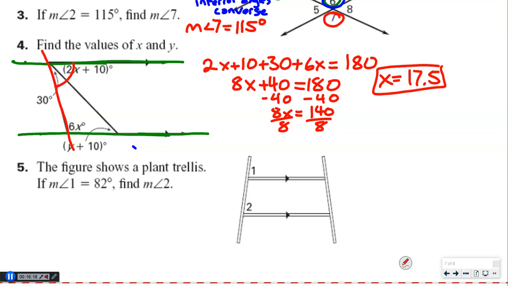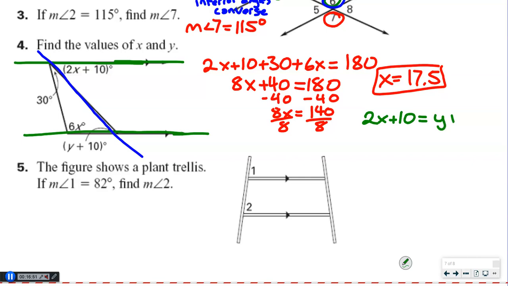And then we need to find y. So we already talked a little bit about how we can find y. If we look at 2x plus 10 and our y plus 10 being alternate interior with this transversal, then we know 2x plus 10 is going to equal y plus 10. And then we can just plug in 17.5 for x.